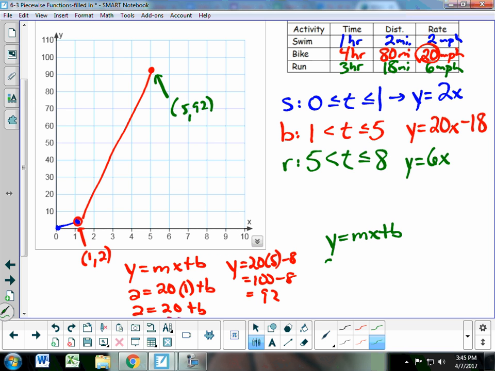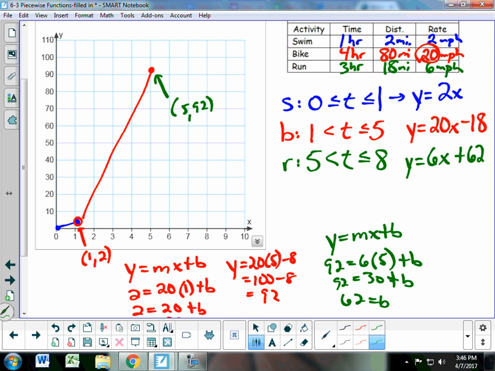That's going to be y is 92, m is 6, x is 5, plus b. That's 30. 92 equals 30 plus b. Subtract the 30, and that's going to be 62 is equal to b. So that's our y-intercept. So it's going to be plus 62.